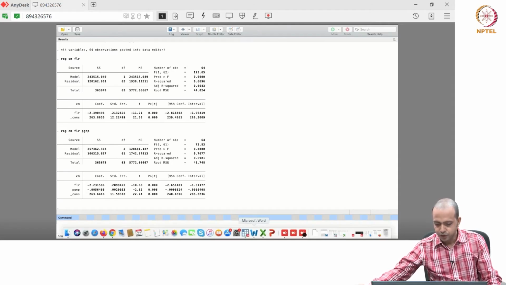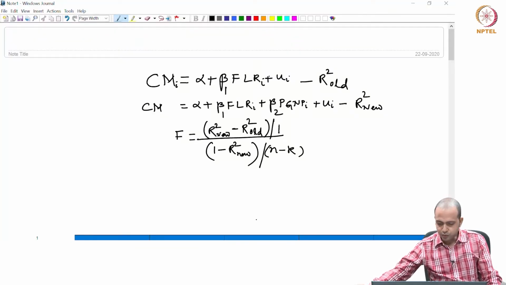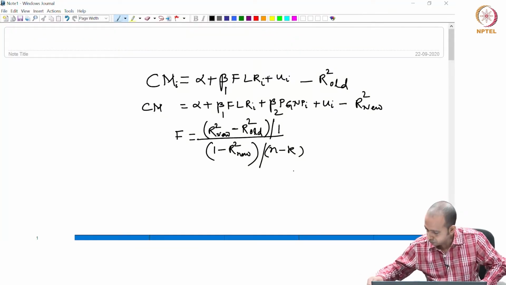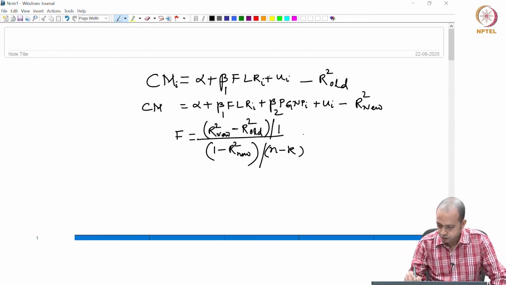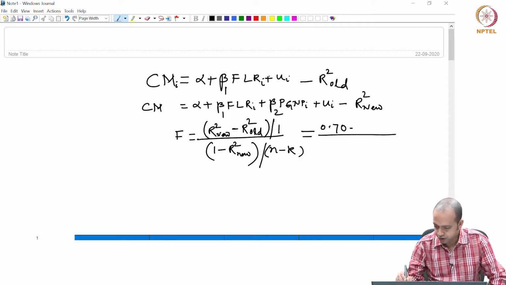All right. So, that means you have to say that this would become 0.70 minus 0.66, divided by 1, into 1 minus 0.70, divided by n minus k.